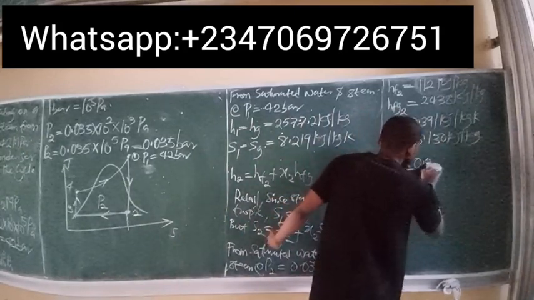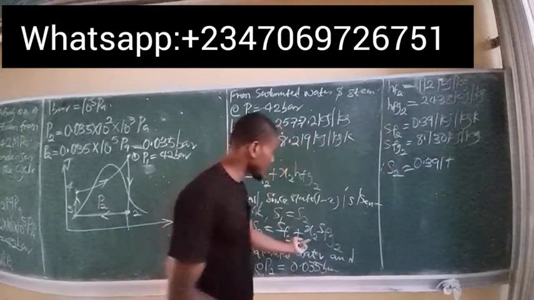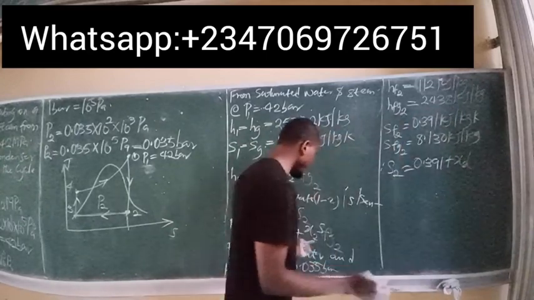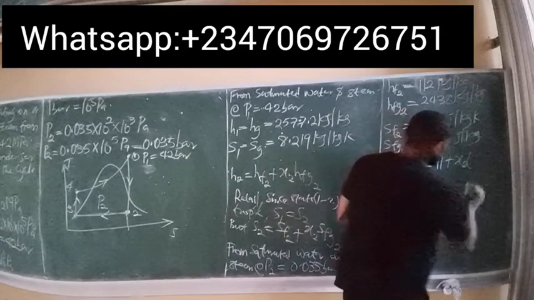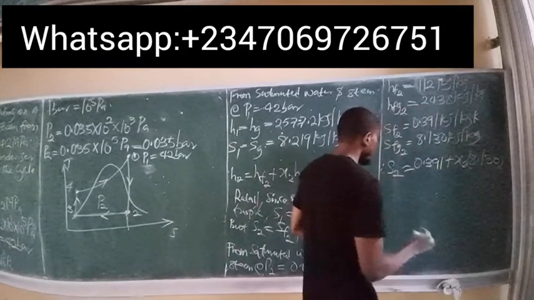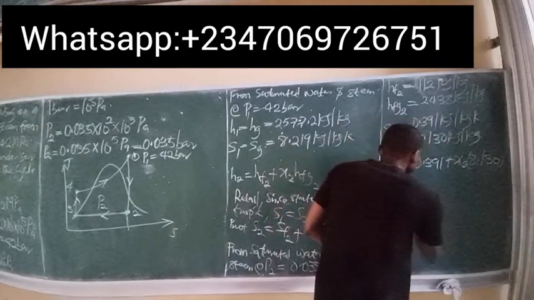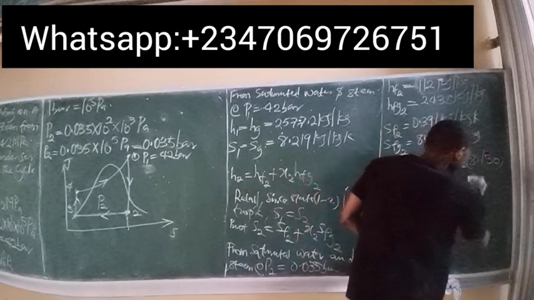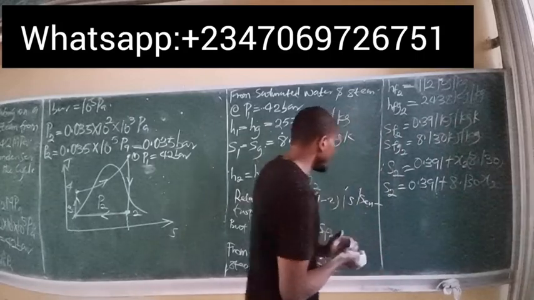So we have 0.391 plus X2, the dryness fraction X2, times SFG2, and SFG2 was given as 8.130. So therefore, S2 is now equal to 0.391 plus 8.130 X2. So we'll keep this aside.